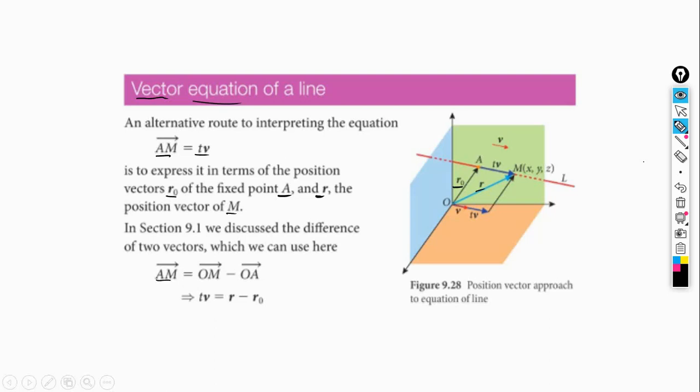Vector AM is equal to vector OM minus vector OA. In other words, t times v is equal to r minus r sub 0. And this we can rearrange as r is equal to r sub 0 plus t times v, which is the vector form of the equation of a line.